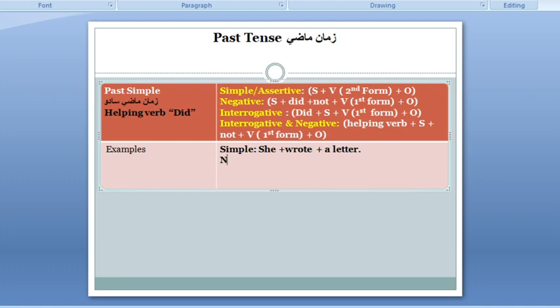Now we'll take the negative. Negative, which helping verb we're gonna use? As you can see in the left side of the column, we'll use did. Of course, it's a negative, so we'll use did not. So same, it will be subject plus, according to the formula.